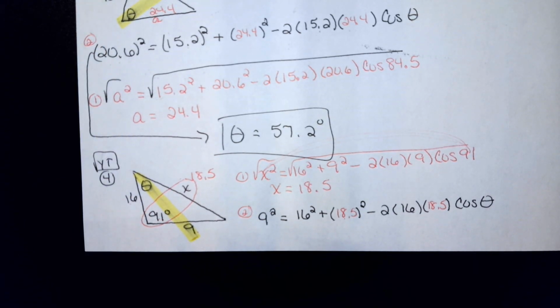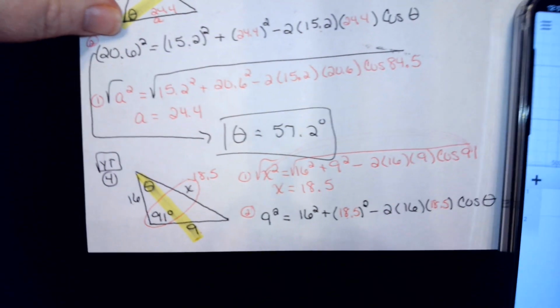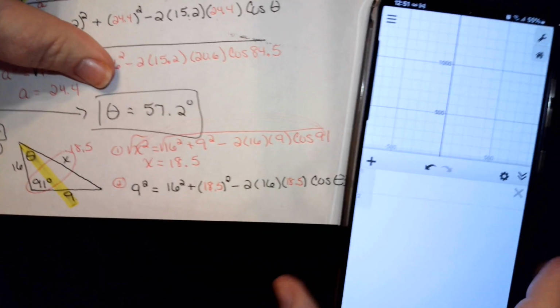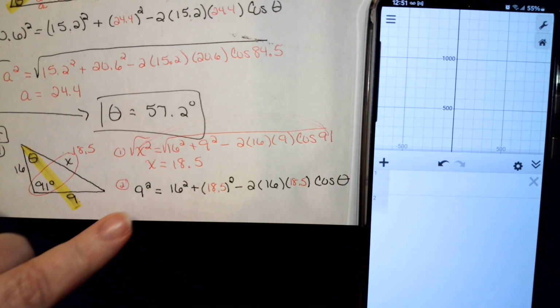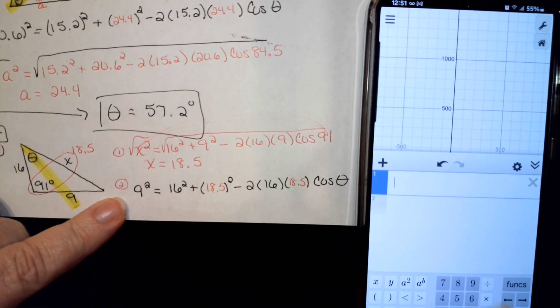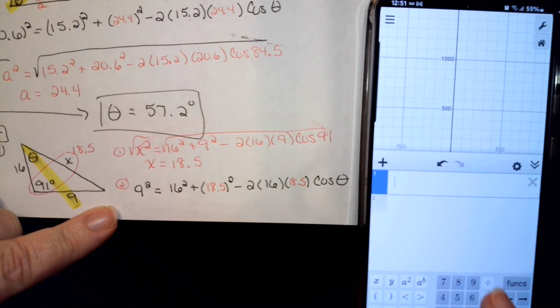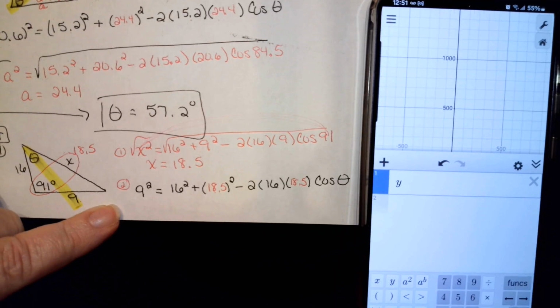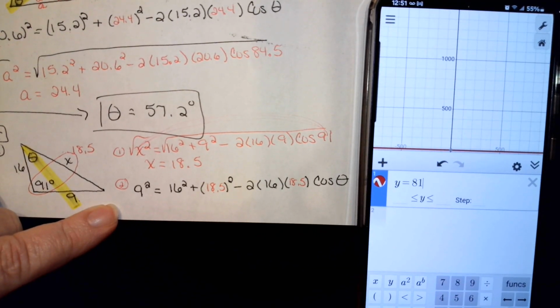Alright, so again, one more time looking at how to put this in Desmos. Let's see, so we can see both pieces here. This does not have a variable, so I'm going to do y equals, well, we know 9 squared is 81, so I'm just going to go ahead and do y equals 81.